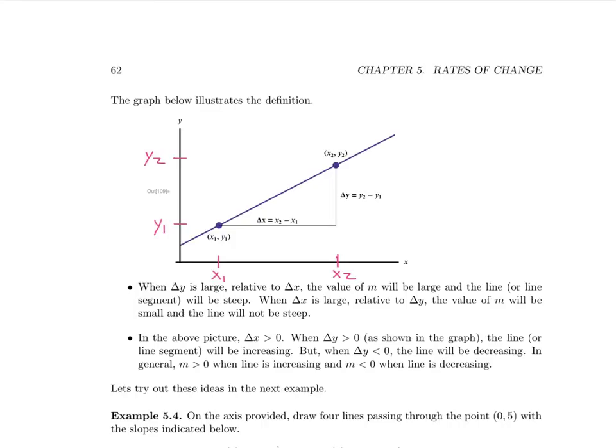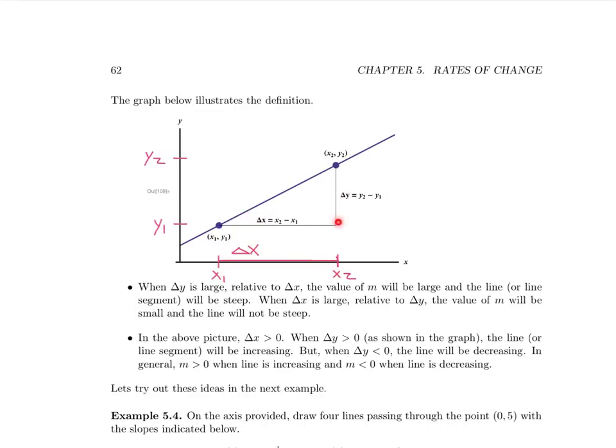So how do we quantify this? Well, this distance from here to here is simply the total change in x between x1 and x2. So the total change in x is found by taking x2 minus x1. So that's what we're talking about right here.